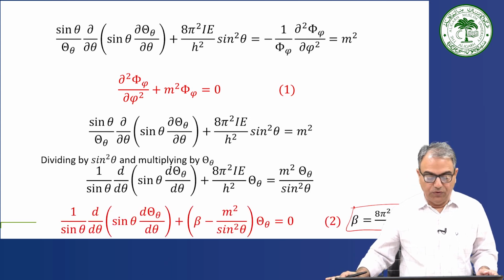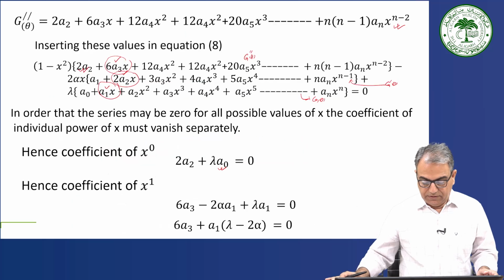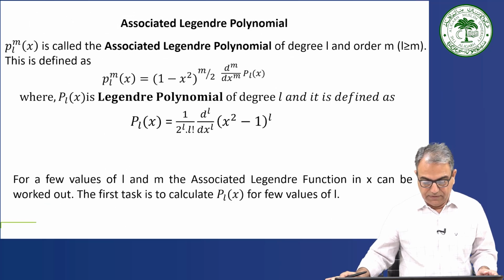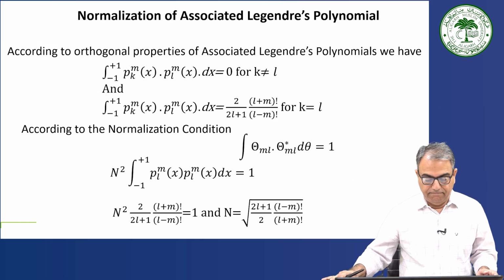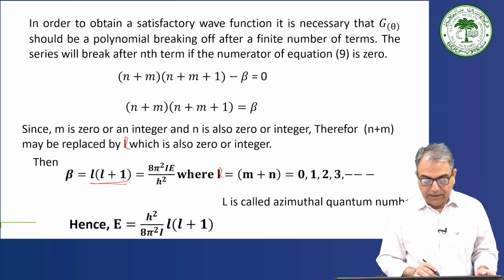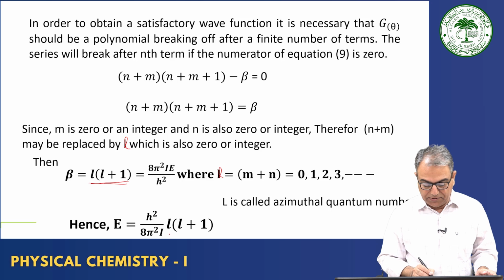So if you use this beta value, beta is equal to L into L plus 1, and this is equal to 8 pi square I E divided by h square. If you rearrange this, what do you get? Energy equals h square divided by 8 pi square I, L into L plus 1.